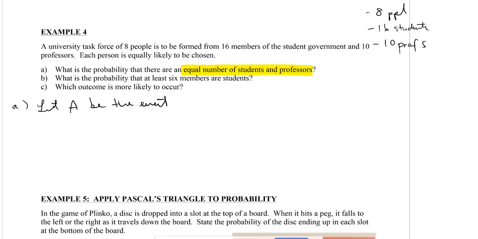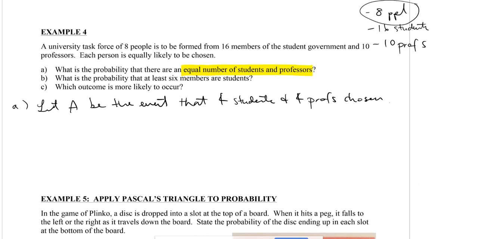So that means, remember, I'm choosing 8 people. And of the 8 people, if I want equal number of students and professors, that means I want 4 students, right? 4 students are chosen and 4 profs chosen.